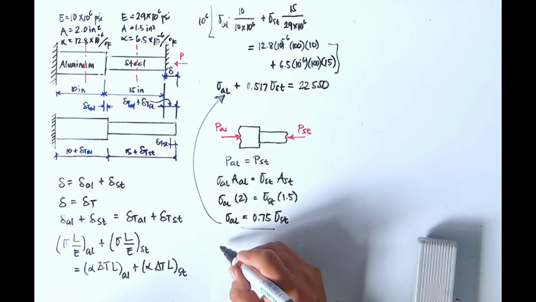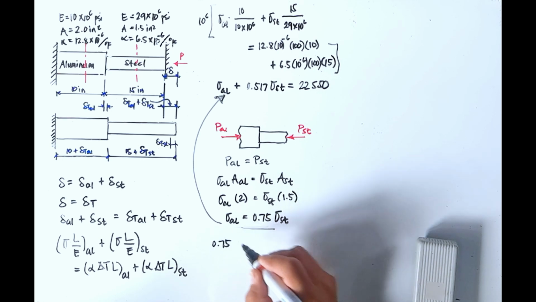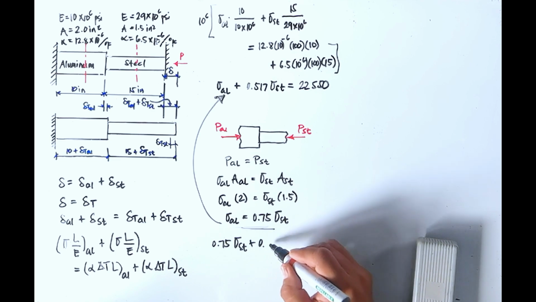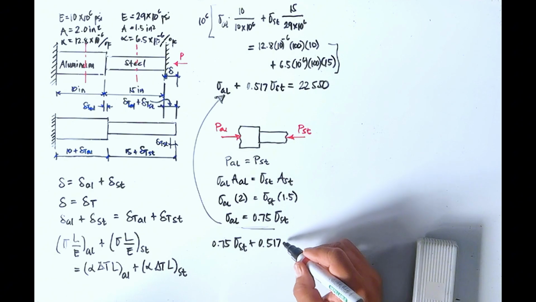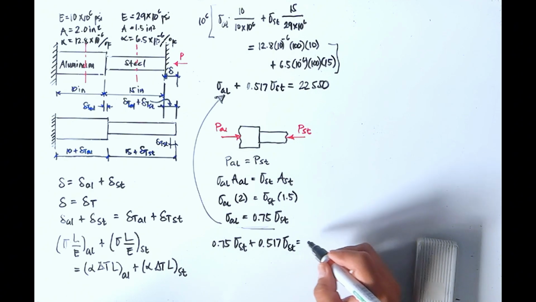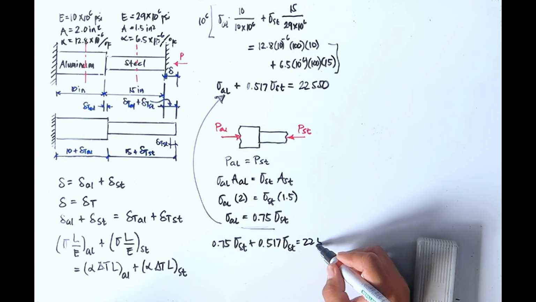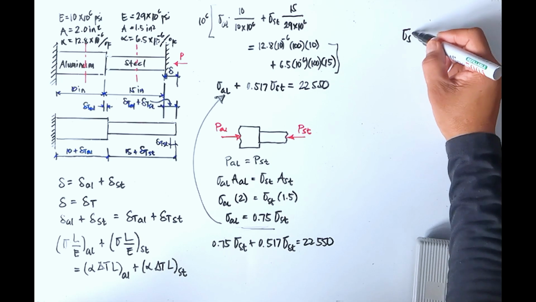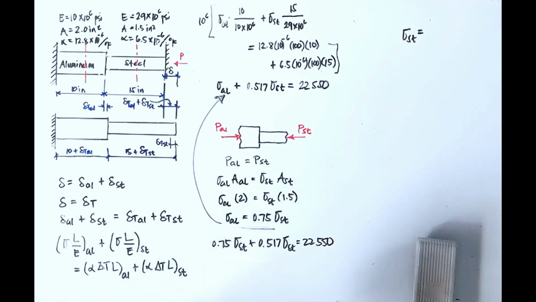That equation will become 0.75 stress in steel plus 0.517 times the stress in steel is 22,550.